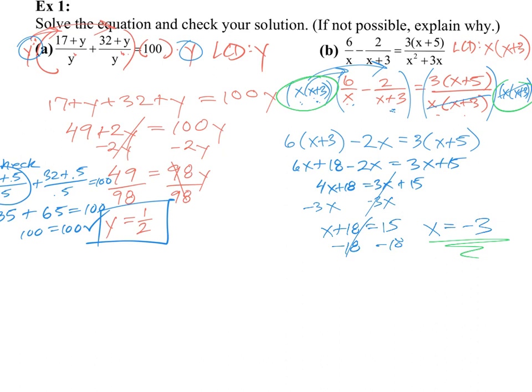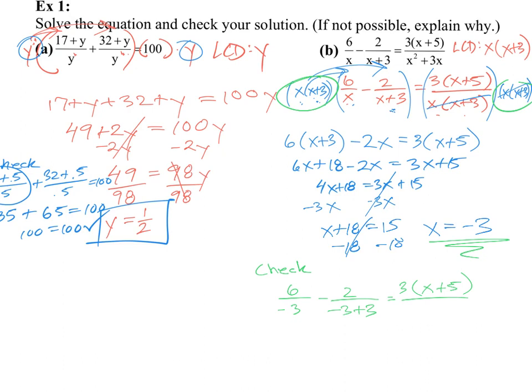All right, is that extraneous? Well, let's check it. Okay, so let's plug it in. We got 6 over -3 minus 2 over -3 plus 3. And, oops, don't want to put x there.